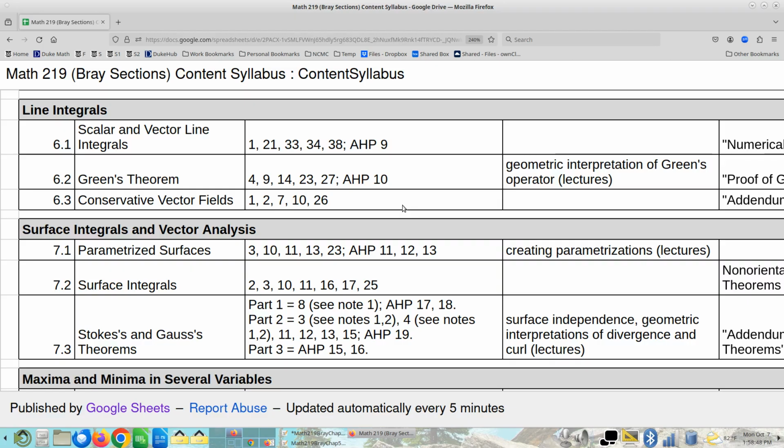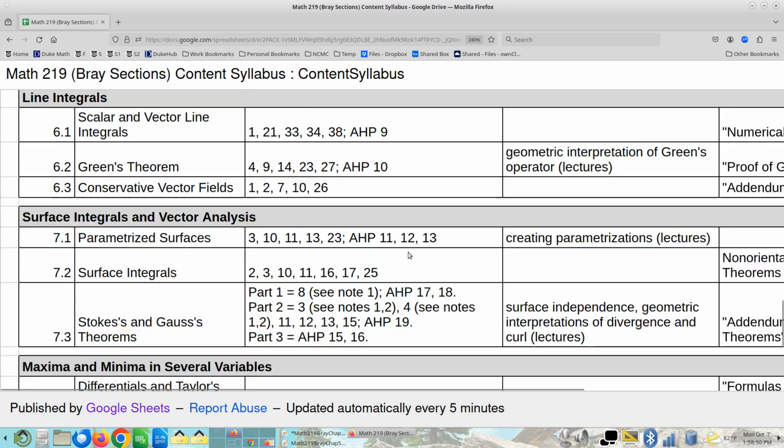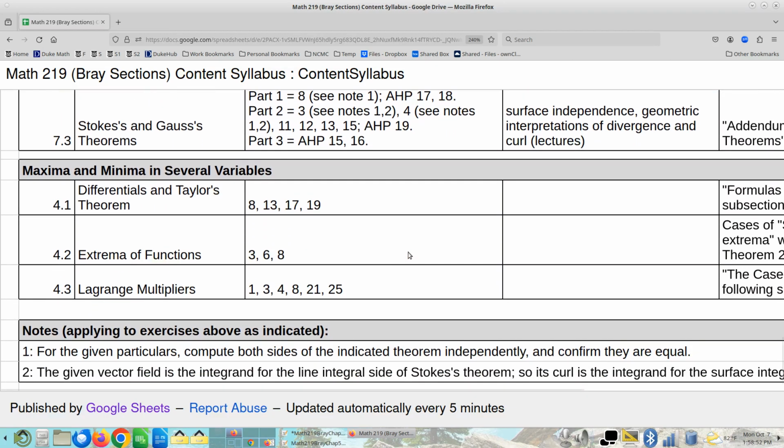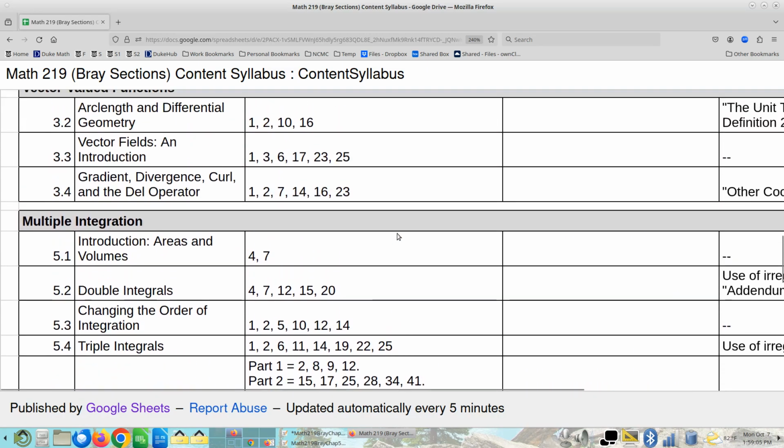So chapter 4, as it turns out, is not really a prerequisite at all to any of the rest of the stuff in the course, so it's easy to delay it until the very end, and that will give us a little extra time to digest chapters 6 and 7. Okay, so that's what's going on there.